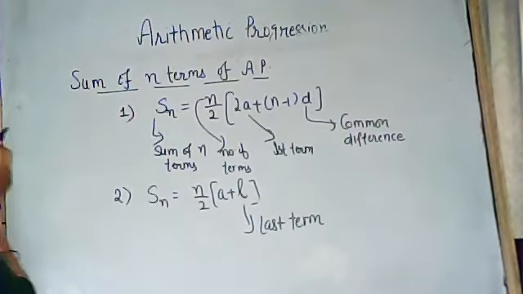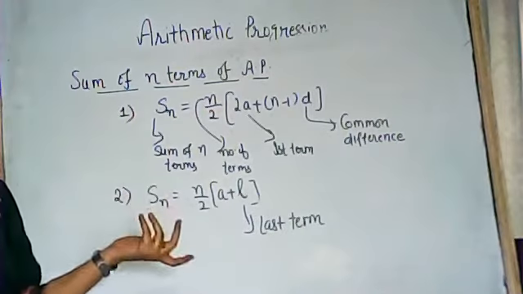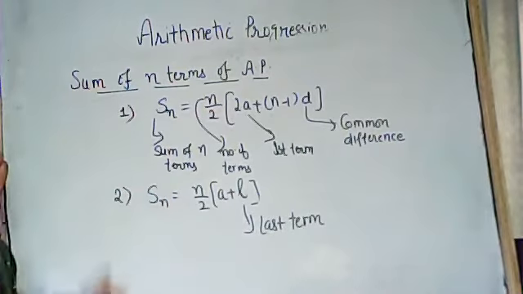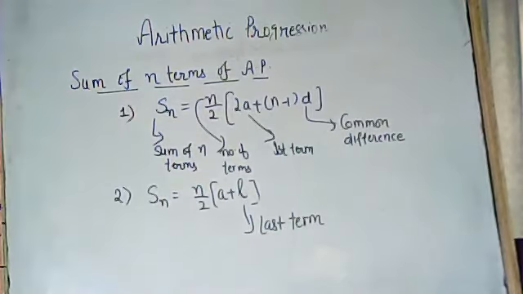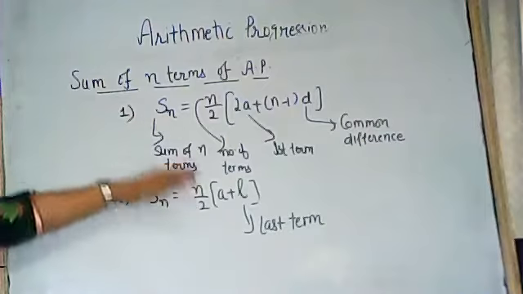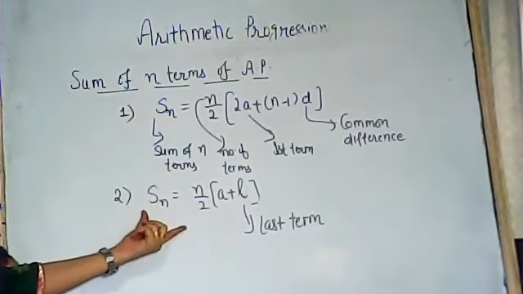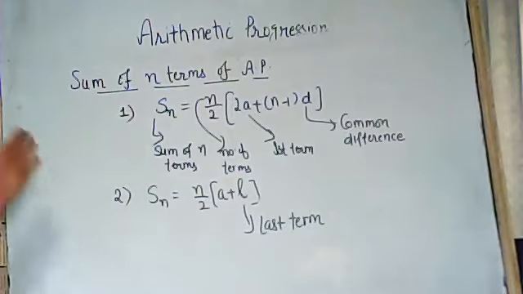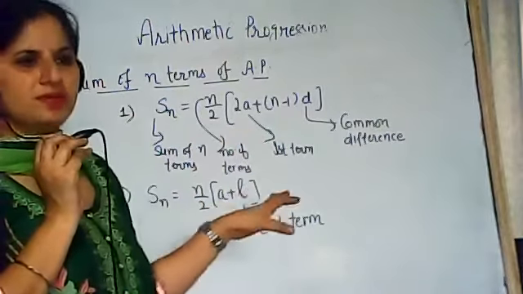So beta, now we shall use these two formulas to calculate the sum of arithmetic progression. So what is the basic difference between these two formulas? Any idea? It is very clear from the symbol itself. We shall apply the second formula whenever the last term of a particular sequence or series is given.